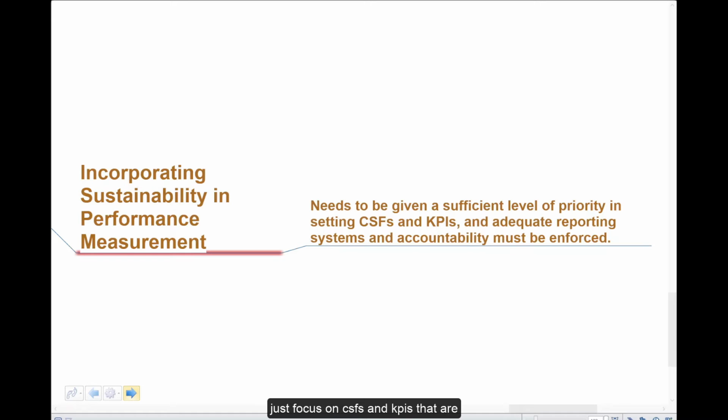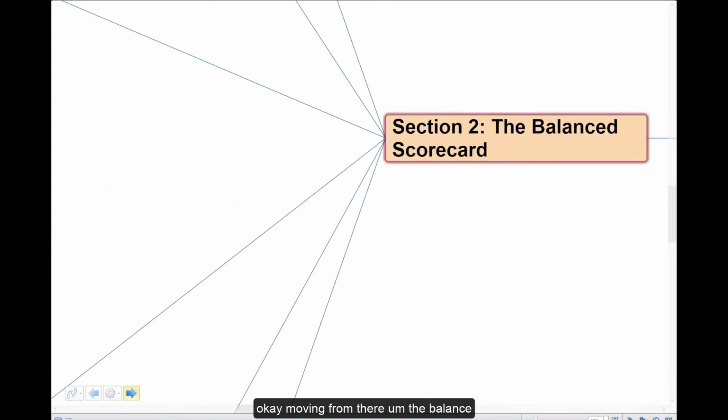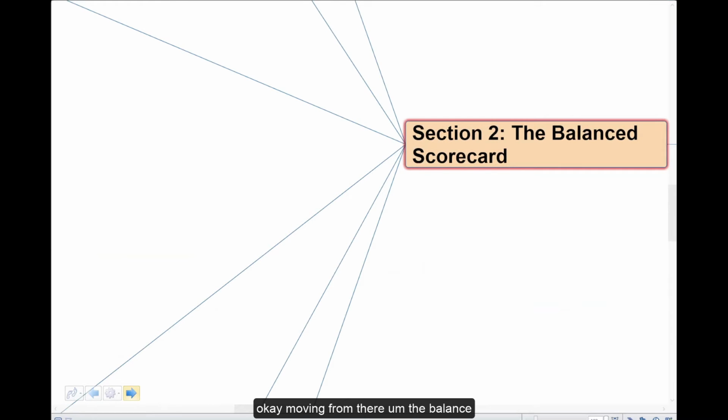Let's not just focus on CSFs and KPIs that are strictly speaking geared towards profit or market share or our internal systems. Let's make sure that we have KPIs in this area, and let's adequately report on them. Let's be accountable in this area of sustainability.